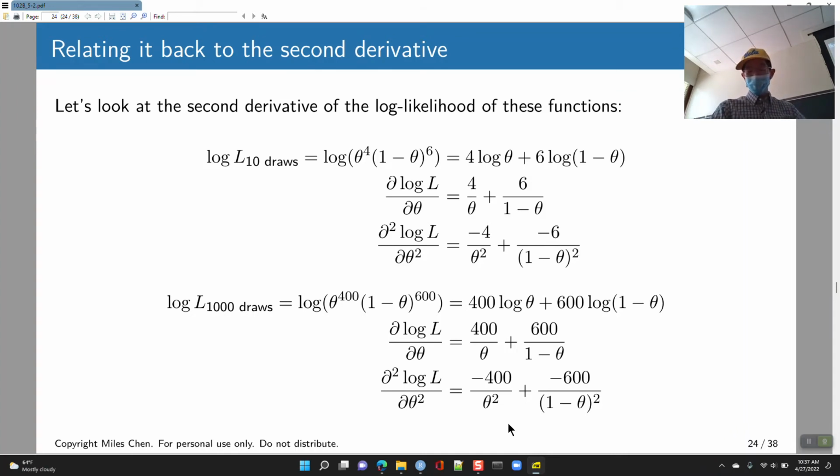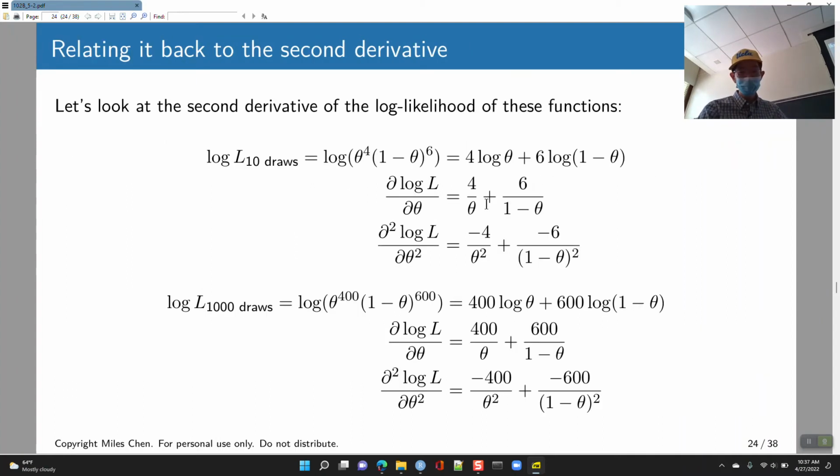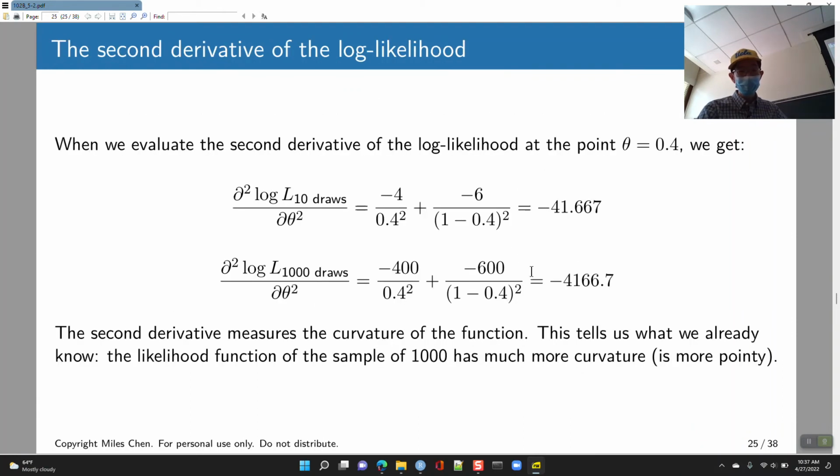All right, so what does this all mean? If I plug in, say, what is the second derivative at this point, 0.4, if I plug in 0.4 into this second derivative, I get negative 41.667. And over here, I would get negative 4,166.7. The second derivative measures the curvature of the function.